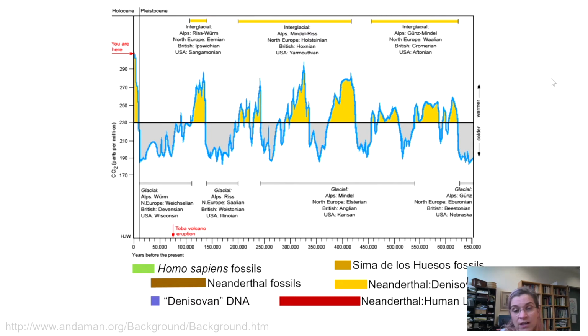Below that, I plotted the duration of when different fossils and taxonomic groups have existed. We have our Denisovans, about whom we actually don't know what they look like. All we have is a tiny little finger fragment, a tooth fragment, little bits.